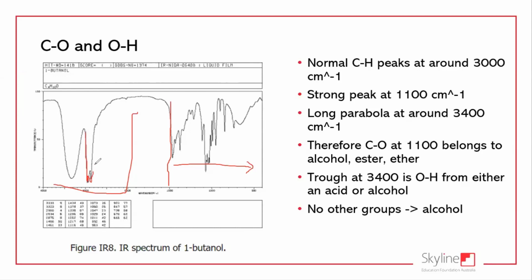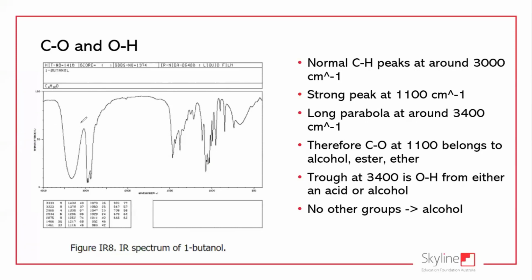This jagged little thing here is the CH stretch. This is just the bonds between carbons and hydrogens. This should occur in all groups. This almost parabolic looking arc is a bit different. This is the OH stretch. So this absorbance here represents the bond between an oxygen and a hydrogen.